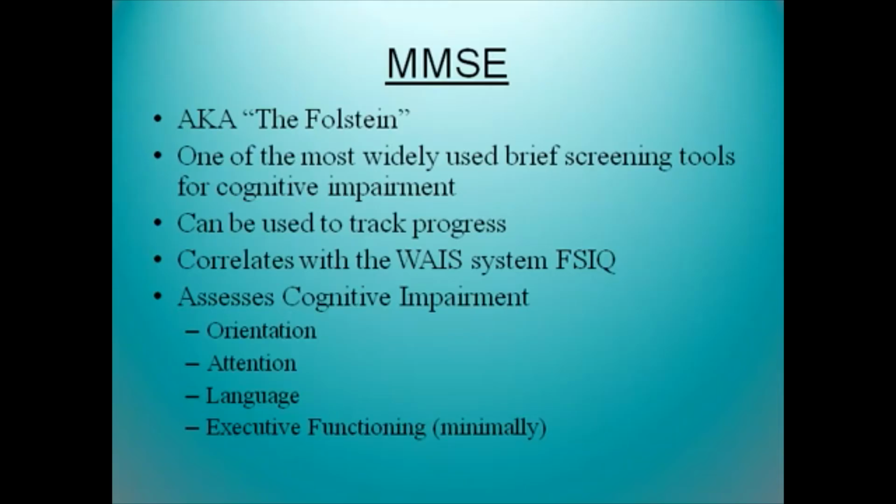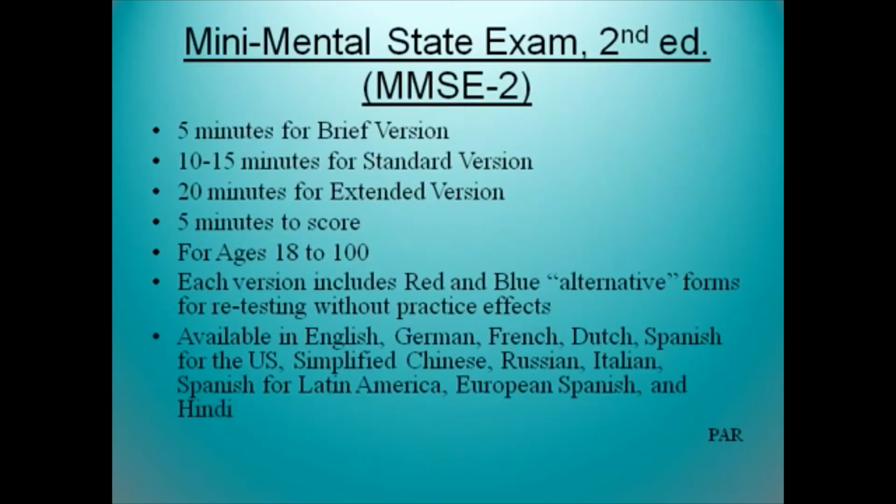It's good for screening. It's not good for diagnosing. It's good for looking at overt impairments in these areas of functioning, so you can follow up with different tests later.